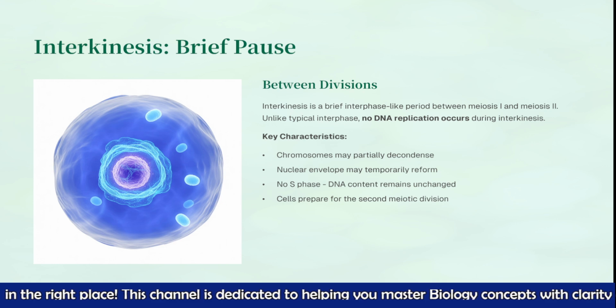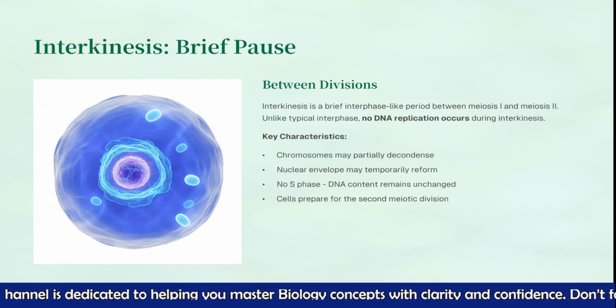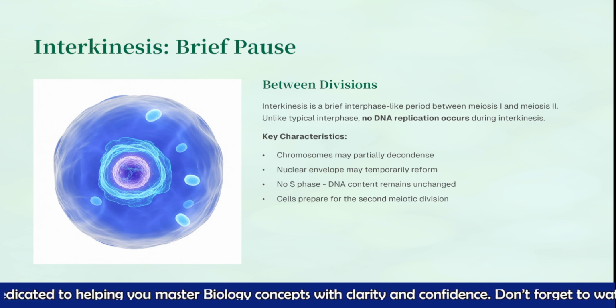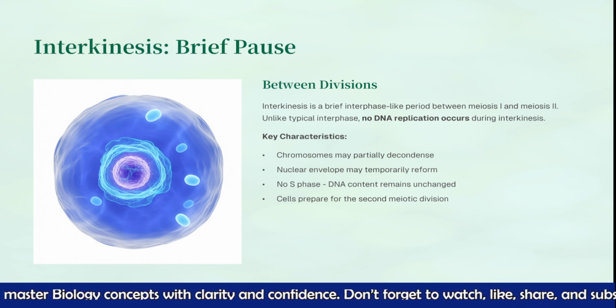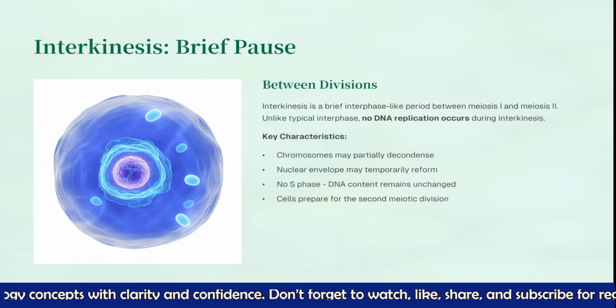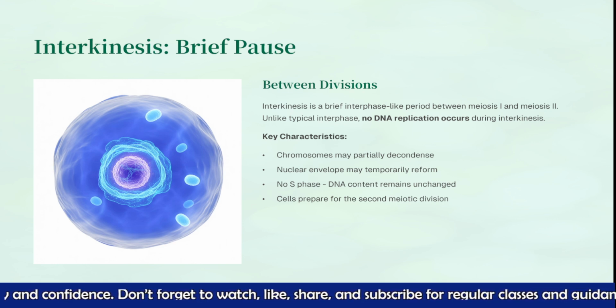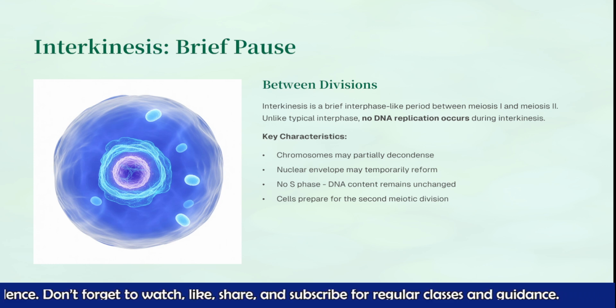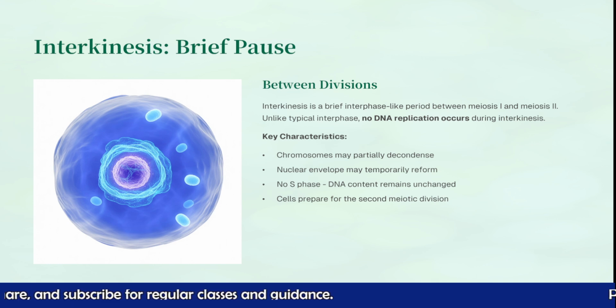There is a small stage between meiosis 1 and meiosis 2, that is called interkinesis. Interkinesis is different from interphase. Interphase we learned in the previous class, in the cell cycle. Here it is interkinesis.